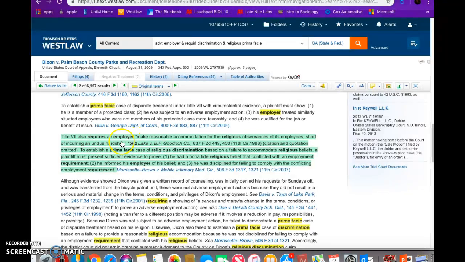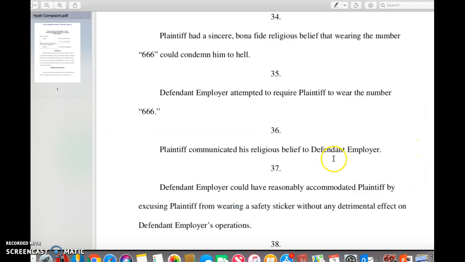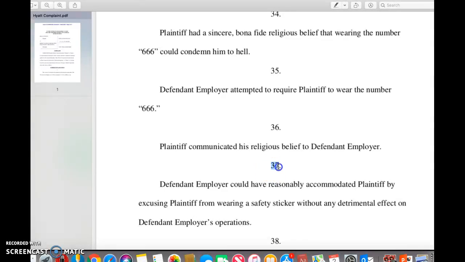That sentence I just read actually takes care of paragraph 37, which says defendant could have reasonably accommodated plaintiff by excusing plaintiff from wearing a safety sticker without any detrimental effect on defendant employer's operations. All right.